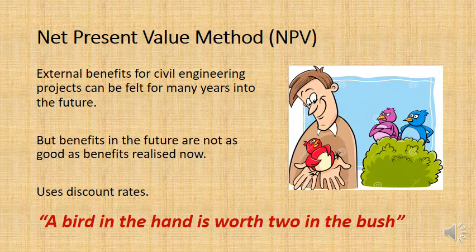And this is where discount rates come in. I don't know if you've ever heard of this term before, but it doesn't mean a discount or a special or a sale at the supermarket.